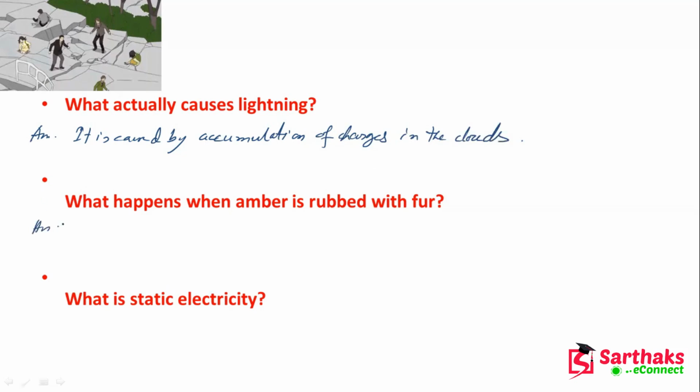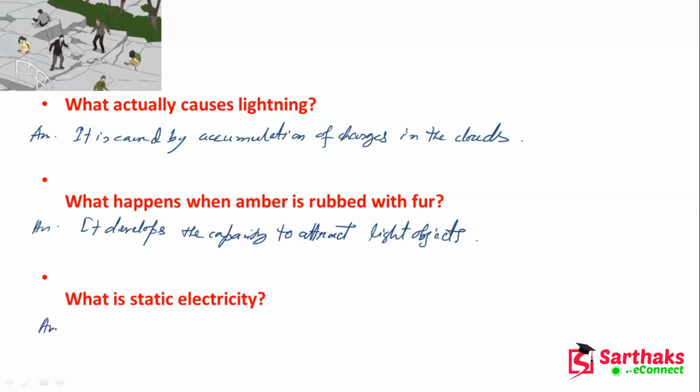What happens when amber is rubbed with fur? It develops the capacity to attract light objects. What is static electricity?